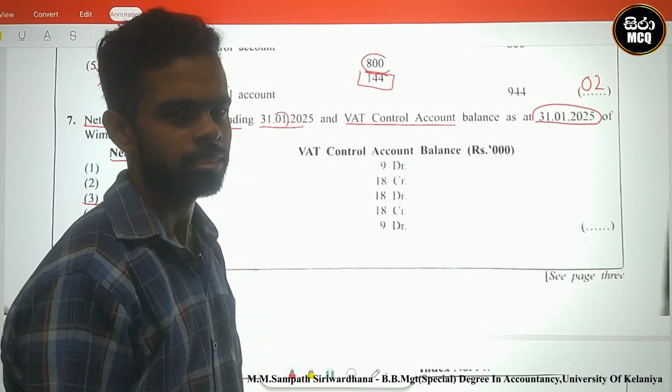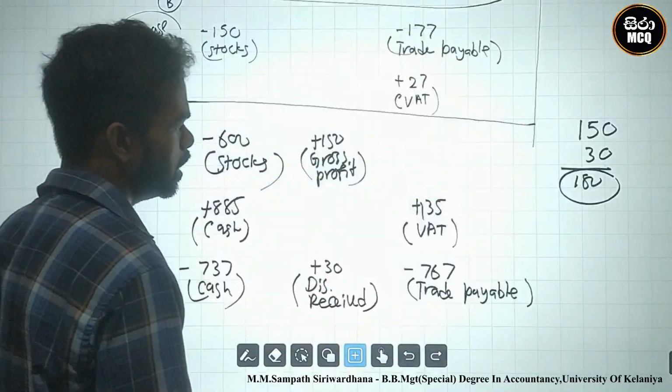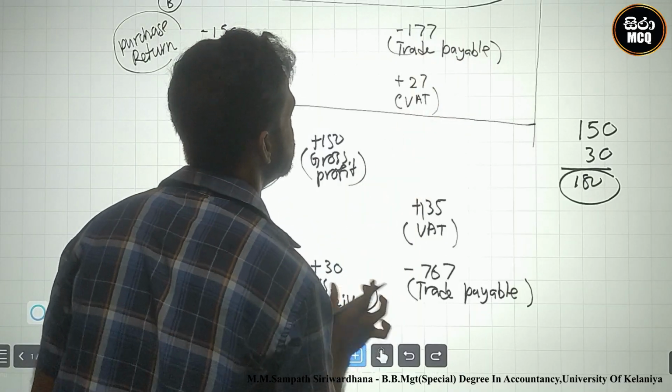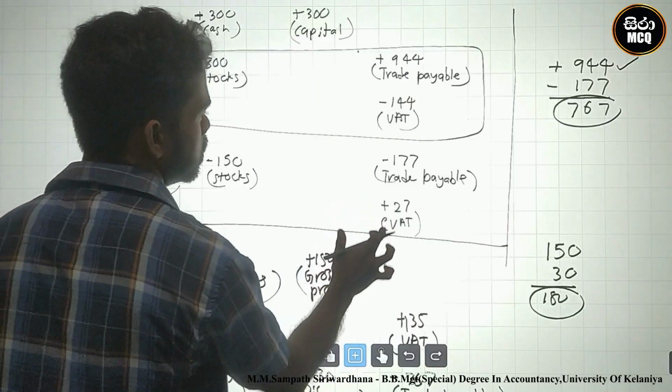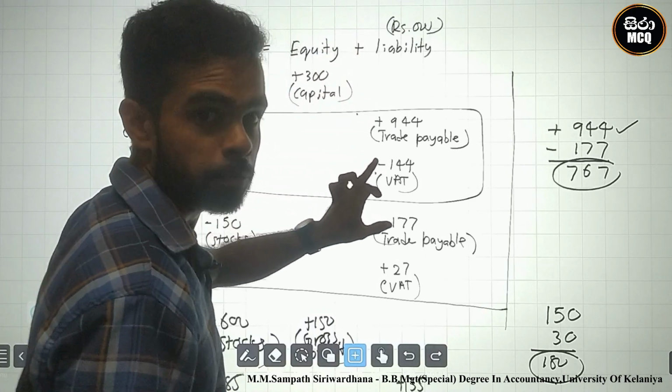VAT control account balance. We can identify the VAT control account balance by plus and minus. VAT control is a liability. Look here, VAT minus.